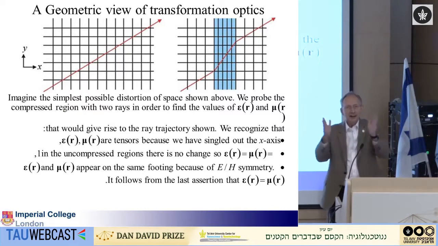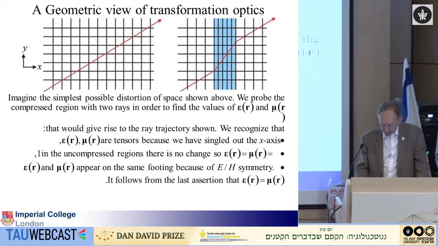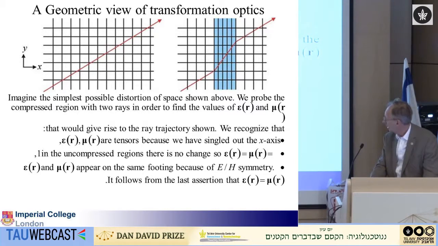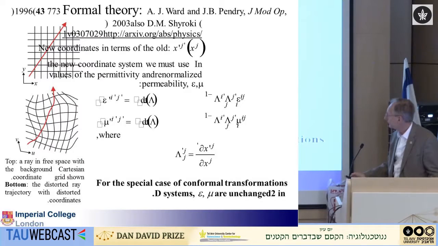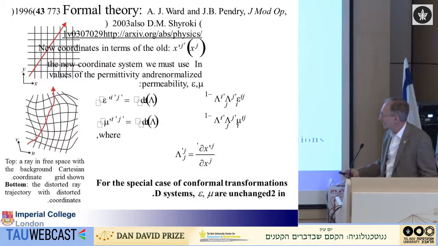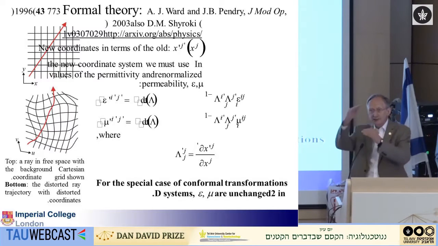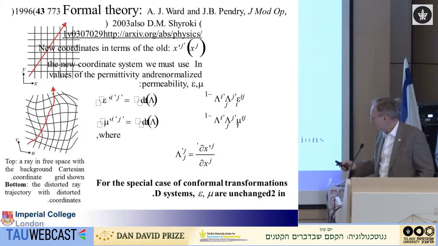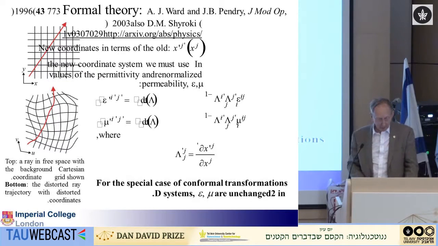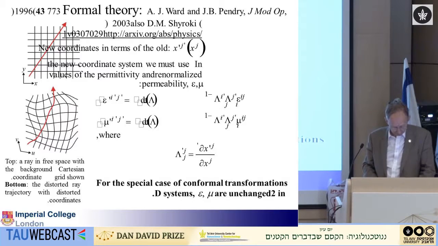So decrease, increase. And I could actually crawl over this piece of distorted space here, and I could ask myself how much it is squashed in this direction, this direction, this direction, how much it has been twisted, and I could tell you, using a ruler and a protractor, what epsilon and mu will be at every point in this space.